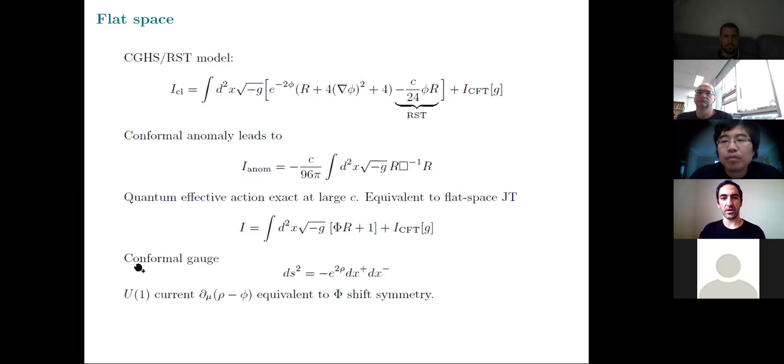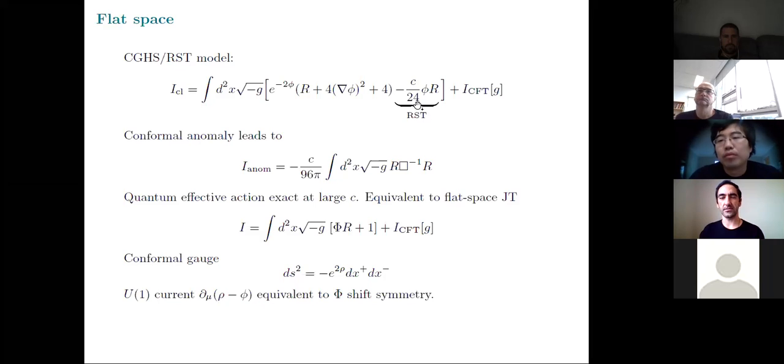And if you are in conformal gauge, meaning this gauge, which is almost always a good idea in 1+1 dimensions, then you can understand part of the connection of these two actions through this U(1) current. So this full action with the RST term has a U(1) current given by this. This is conserved. And it's equivalent to the shift symmetry in this dilaton phi.